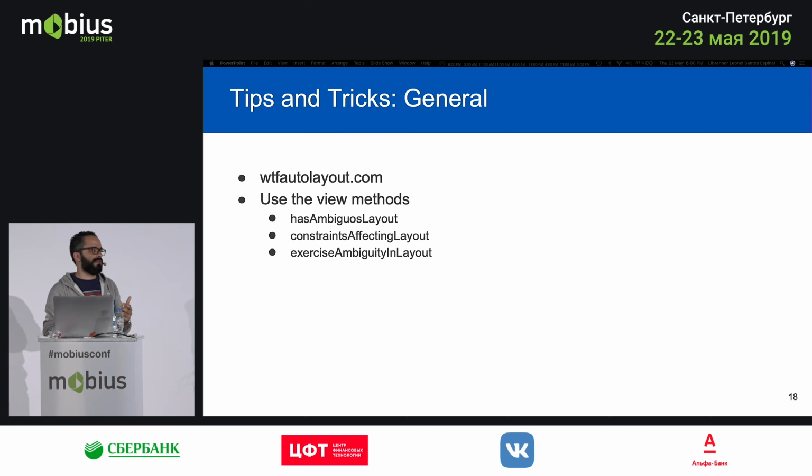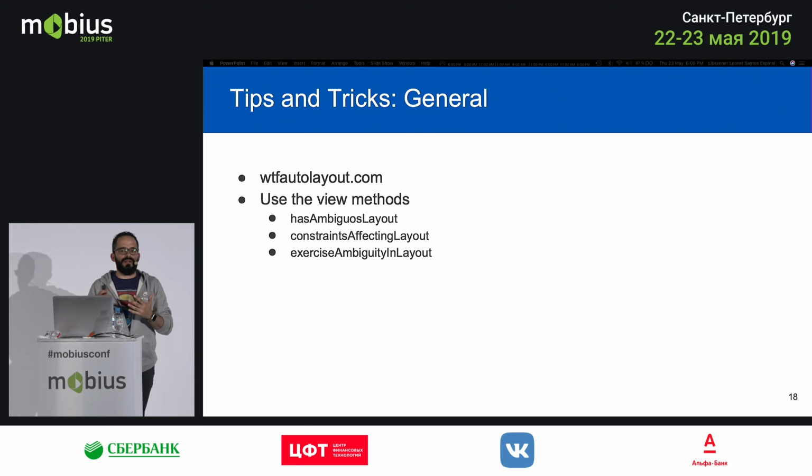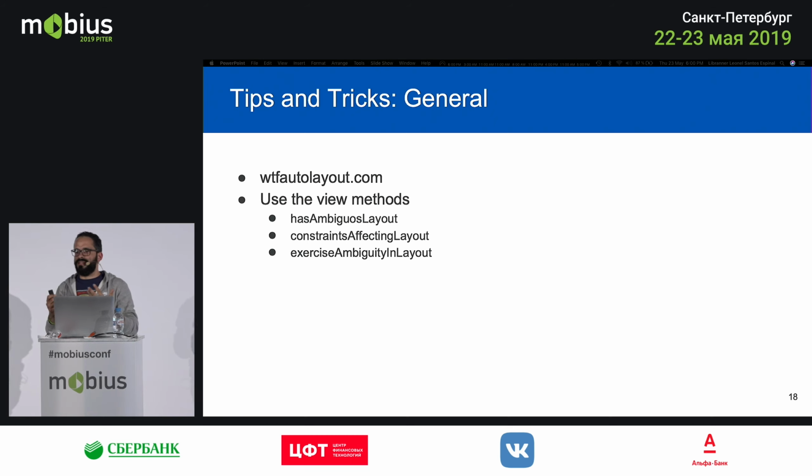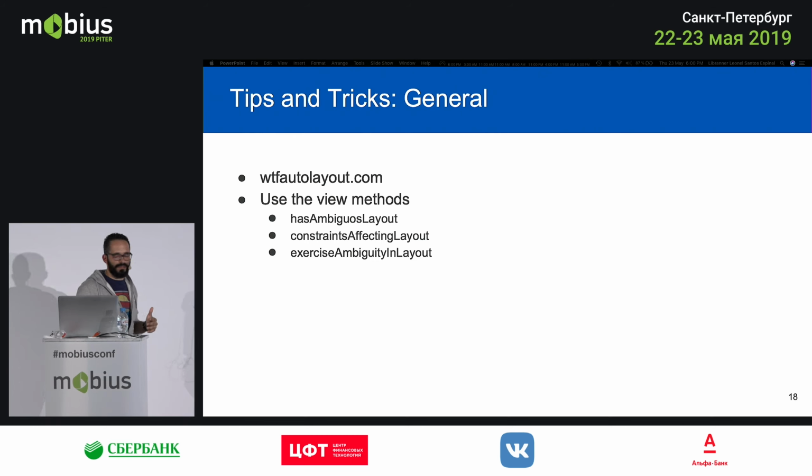For example, if you want to see what constraints affect the horizontal axis, you just have to pass that value as a parameter. And also, there is exercise ambiguous layout, which creates the scenario where the app behaves as if there's something wrong, so you can see how to handle it in case anything goes wrong.